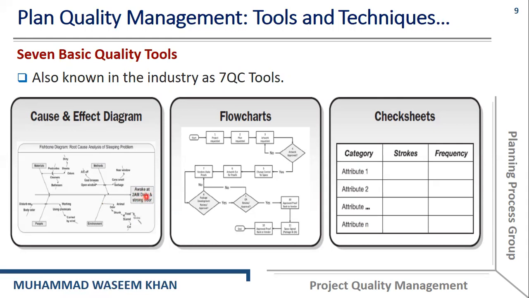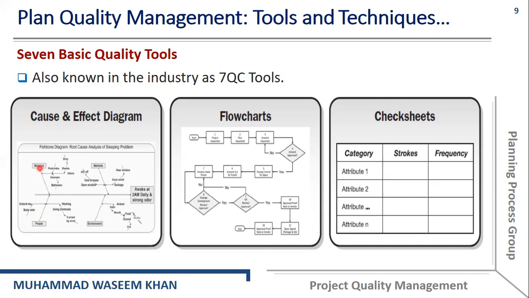We write the problem, and then we draw a straight line from the head of the fish, and that line is divided into different major causes, or major branches, and these major branches represent the major causes.